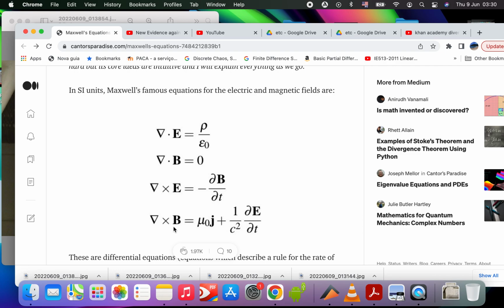Okay, so we're either going to parameterize this in some kind of meaningful way, or, well, let me tell you right away what the meaningful way is.